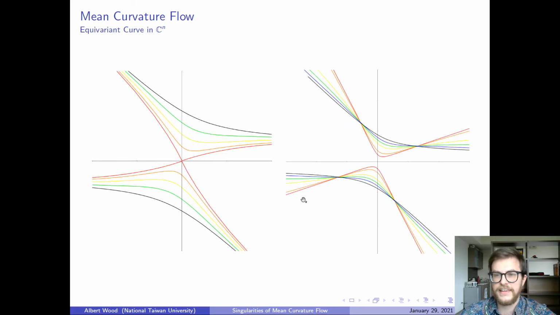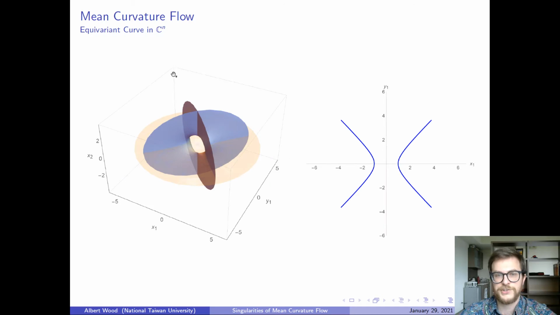You can again see it approaching more and more closely a hyperbola. The profile curve turns out to be a hyperbola, and this is a projection of the actual two-dimensional submanifold. In the case of a two-dimensional manifold inside C^2, this is a projection of the Lawlor neck, the limiting type 2 blow-up, down into R^3.